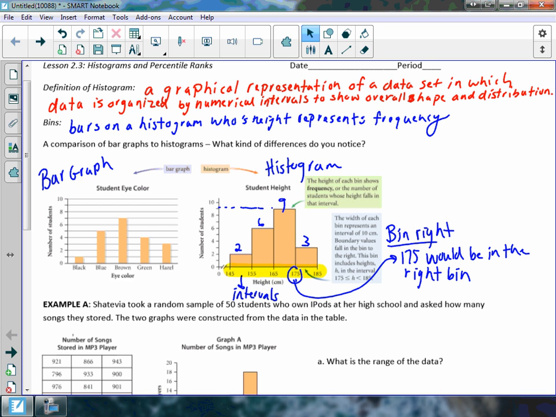So I would expect to find a person that is 175 centimeters tall in this bin right here. I would expect a person that's 155 centimeters tall to be in this bin right here, the bin to the right. You have to be consistent when you make a histogram, otherwise it's kind of misleading as to which values are in which bins. The more things you put into a bin, the higher that the bin will be.